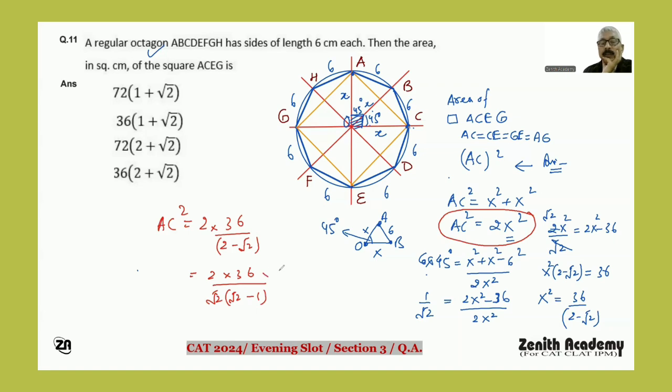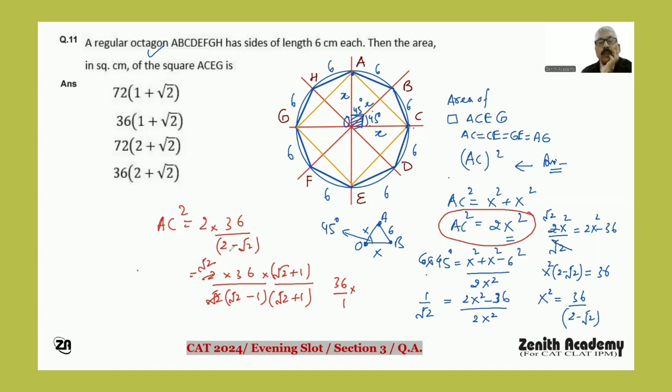Then rationalize it by multiplying root 2 plus 1 in numerator and denominator. Root 2 minus 1 into root 2 plus 1, it's 2 minus 1, which is 1. So this is finally root 2 into 36 upon 1, into root 2 plus 1.